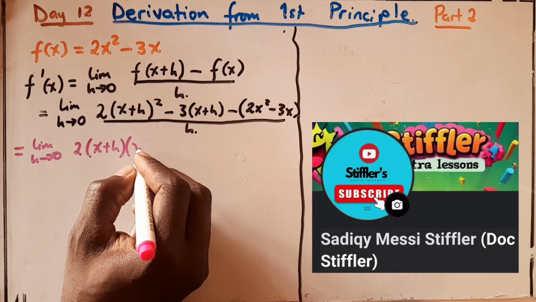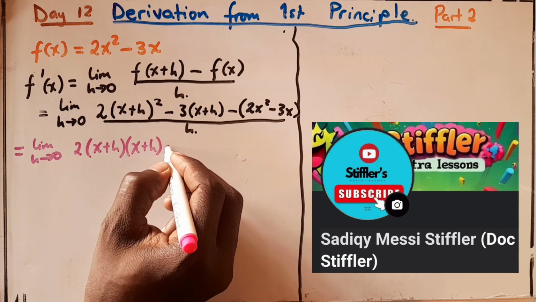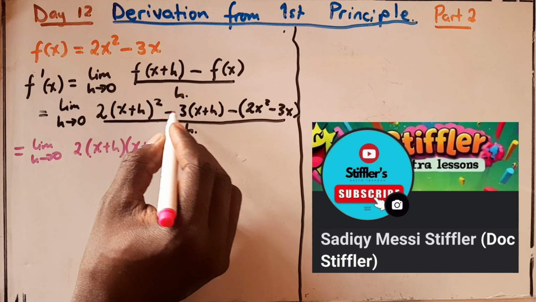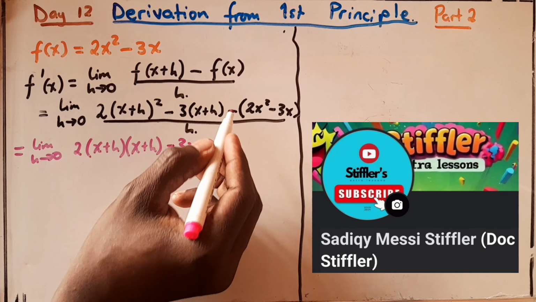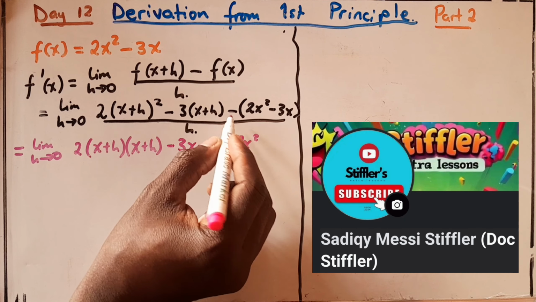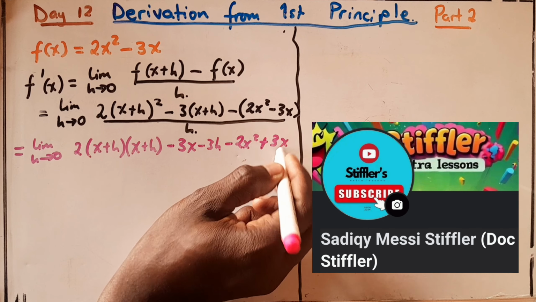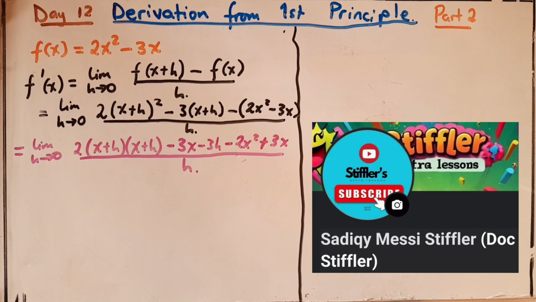But if you can expand without using the brackets, that's better. Minus this multiplied by this is negative 3x. This multiplied by this is negative 3h. And then now this and this is negative 2x squared, and that is positive 3x. And don't forget that we're having h here.